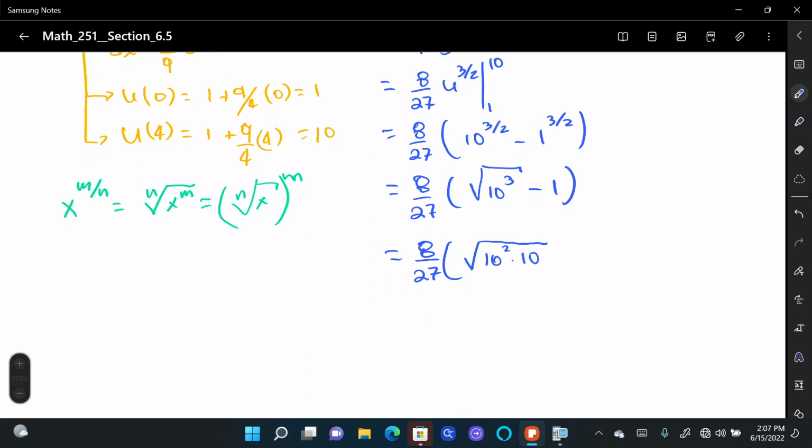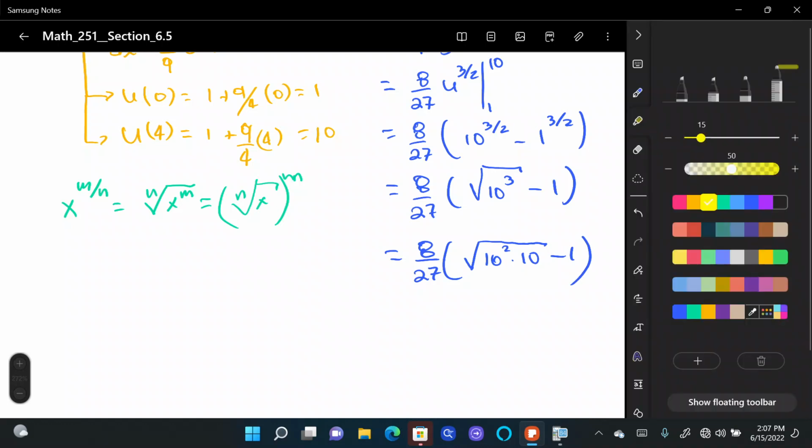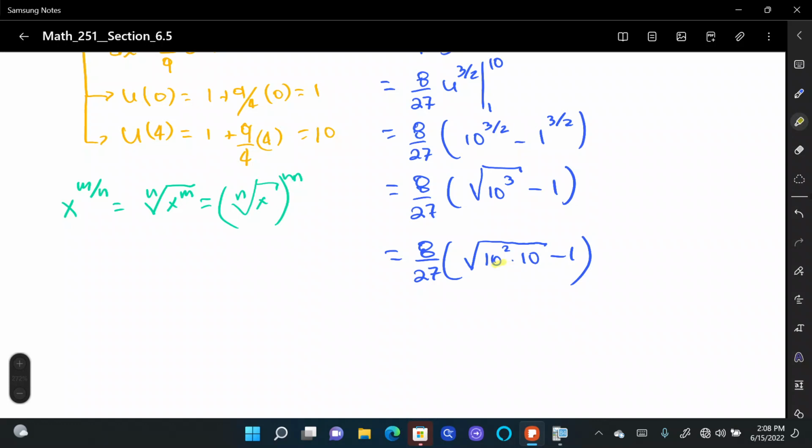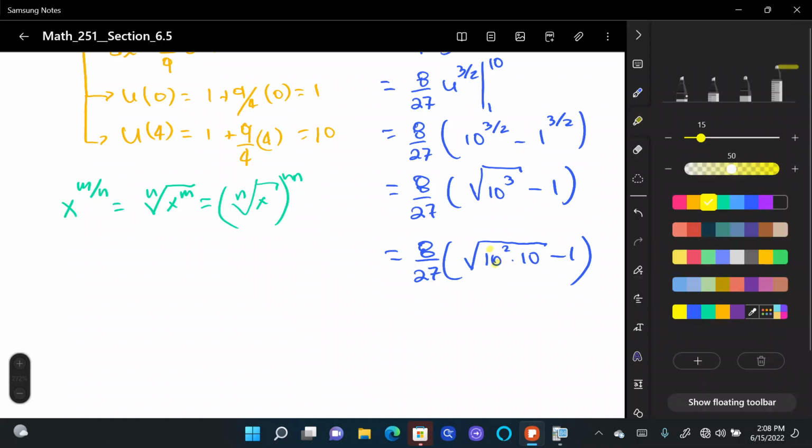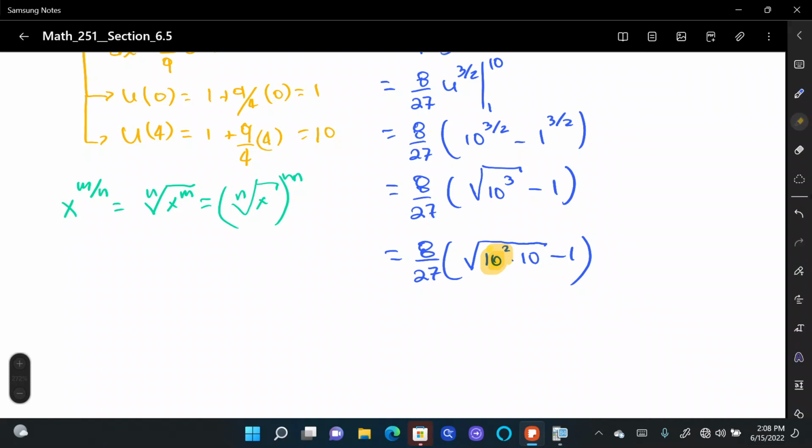Do we agree with this? And then from here, let me highlight the perfect square. That's the perfect square that we can factor out, and well, that's going to be 8 over 27 times 10 root of 10 minus 1. Alright, and that's the final answer for this.